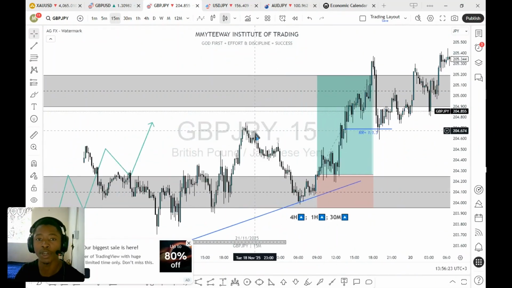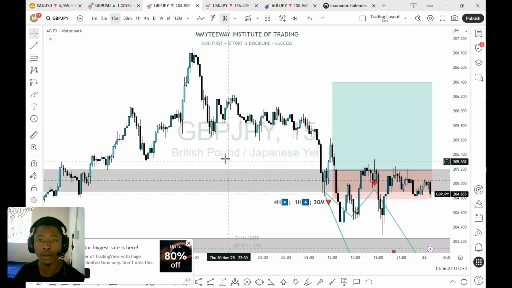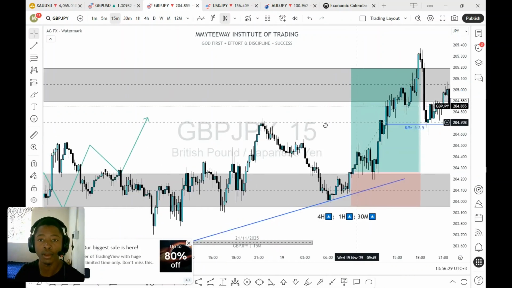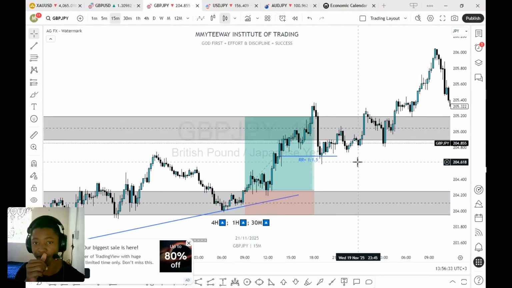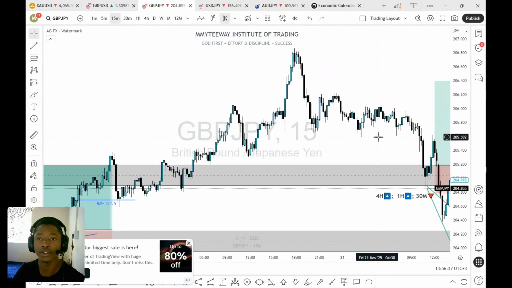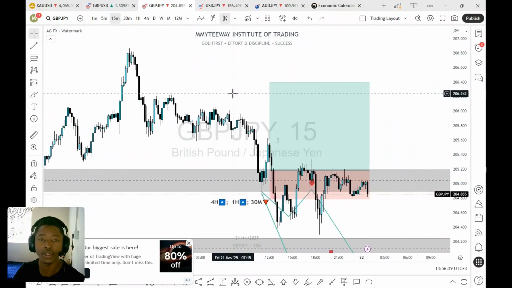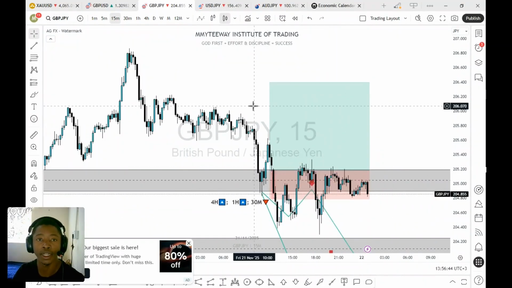First trade was on Monday, second trade was on Wednesday, right here. It was a 1 to 3 trade, and it hit our take profit. I only took 3 trades this current week, and the last and final trade was on GBP JPY.